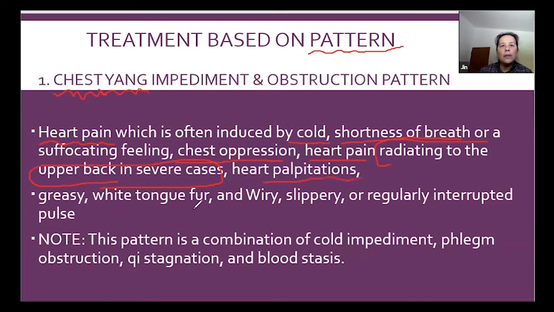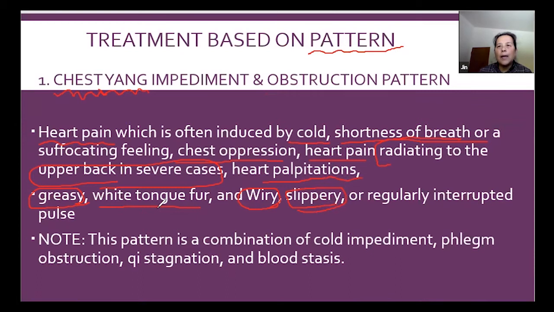If we look at the tongue, there is a white tongue coating and maybe greasy, because qi is not circulating, phlegm is not circulating, so there is phlegm retention. The pulse can be tight, coming from pain, and slippery, coming from phlegm blocking inside.